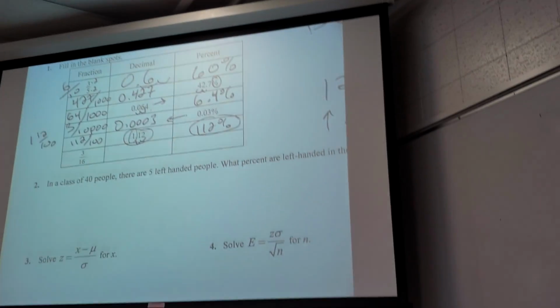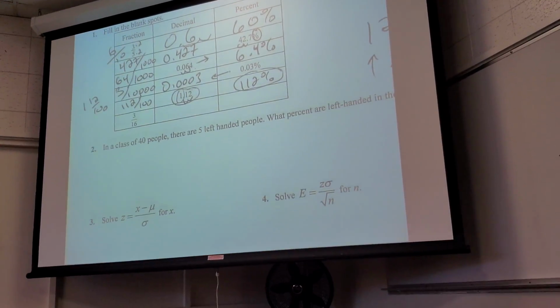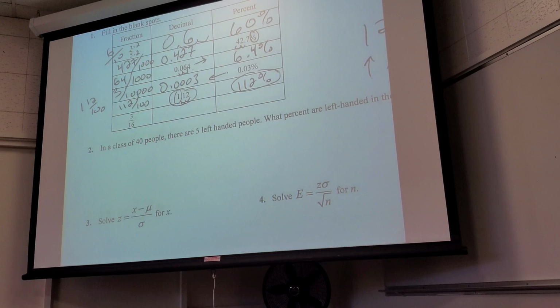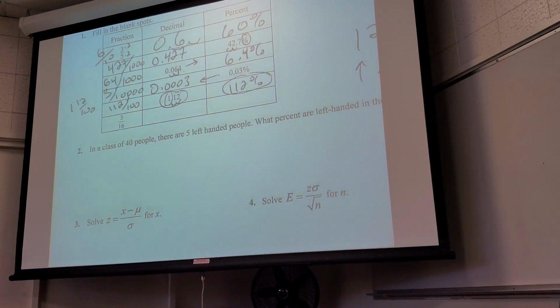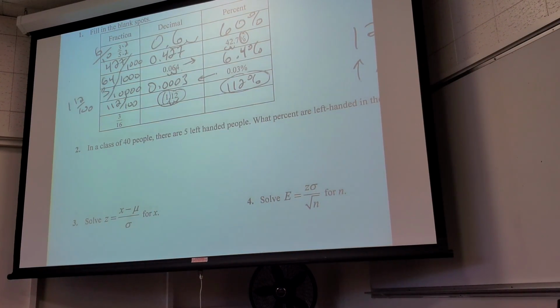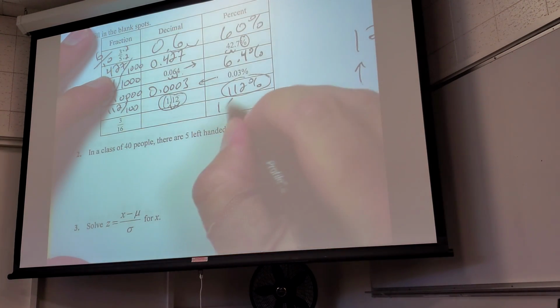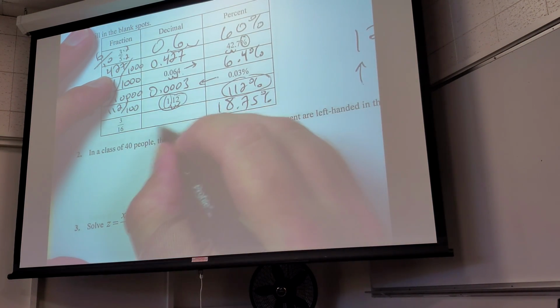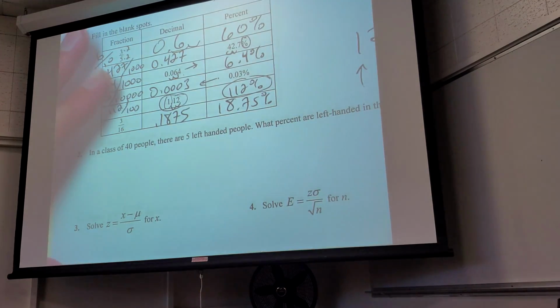All right, let me see. Focus. All right, so we got 18.75, which makes the decimal 0.1875.